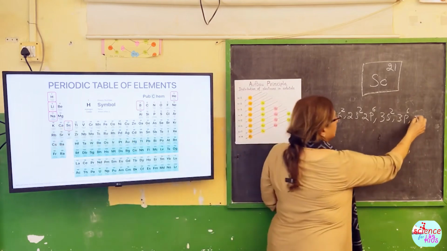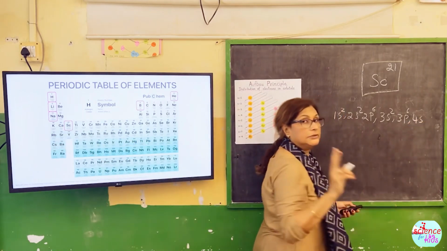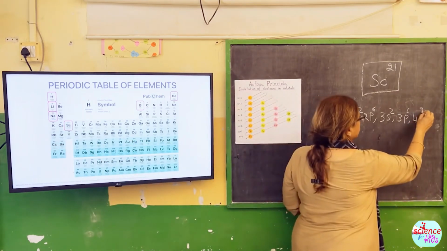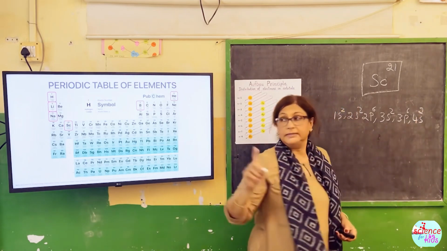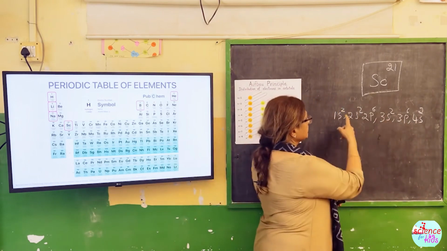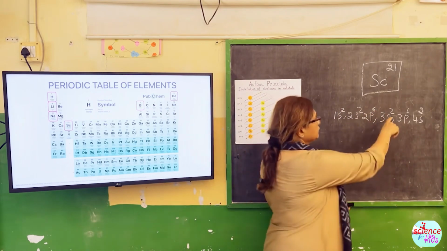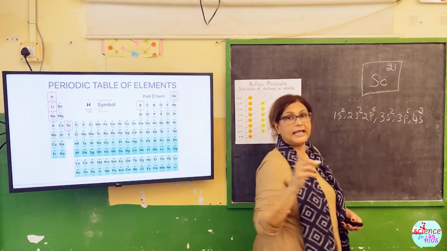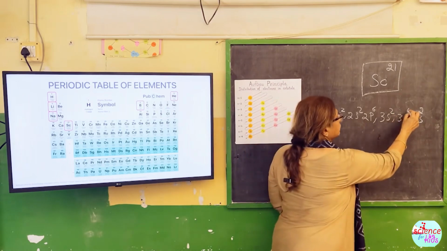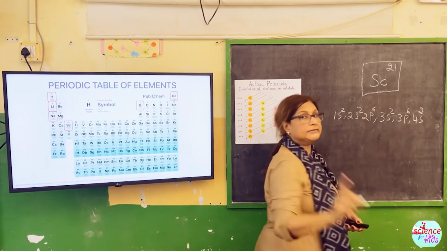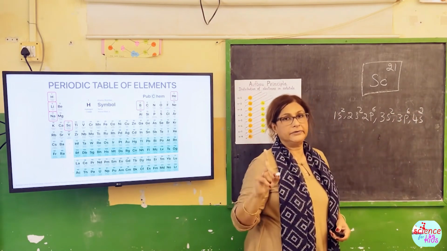In the s block, 4s can hold 2 electrons. But now the next one, how many electrons? Let's count. 2 and 2, 4, plus 6 is 10, plus 2, 12, plus 6, 18, plus 2 is 20. So still one extra electron remaining.